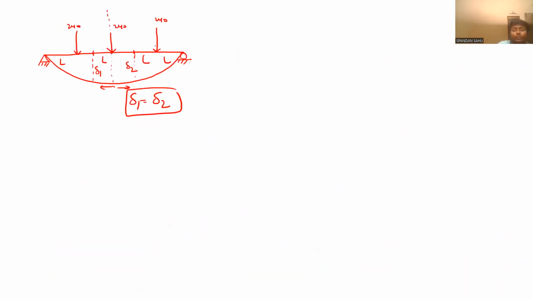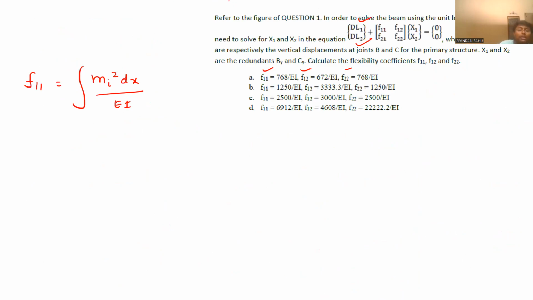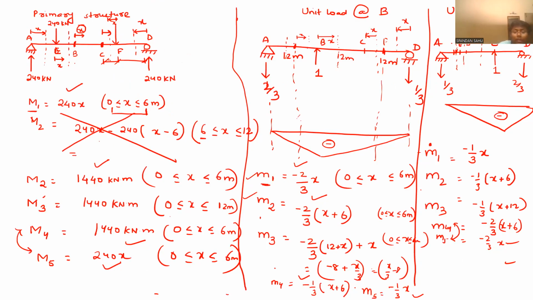Now you just have to do M1 square. When you are doing F11, with unit load at B, you consider M1 square, M2 square, M3 square, M4 square, dx by EI, integration. The lower part will go to the lower limit, the upper part will go to the upper limit.